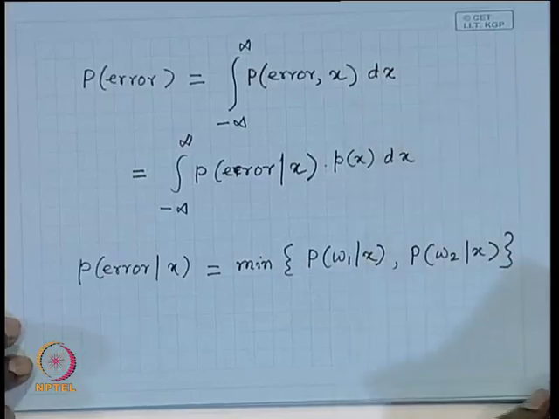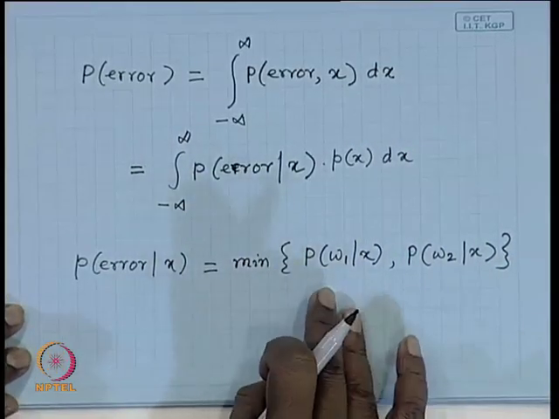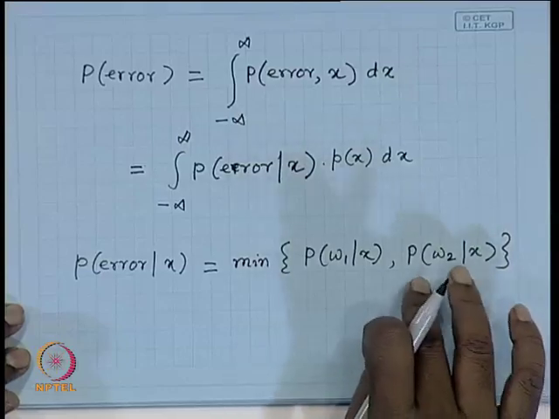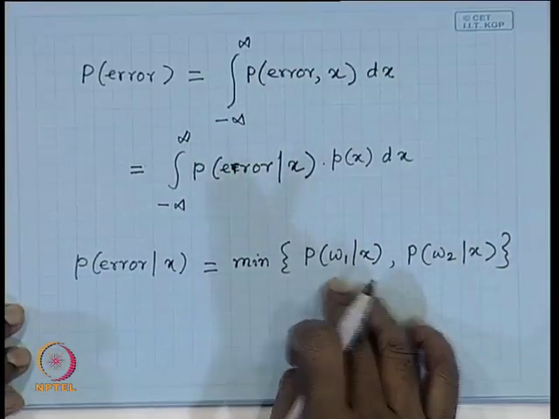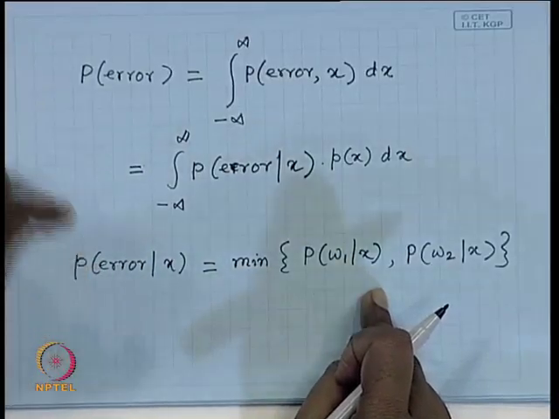So, for a particular value of x, whichever is minimum, whether it is P of omega 1 given x or P of omega 2 given x, P error given x is that only, because I am taking the decision in favor of the other class. Okay. So, let us stop here today.